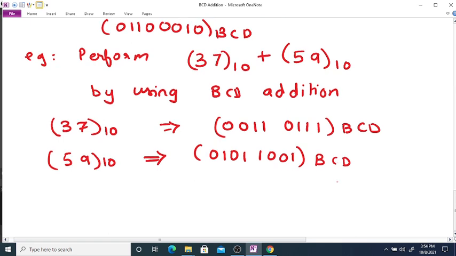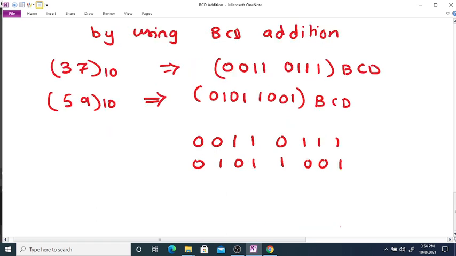Now we will perform BCD addition for these two numbers. We write down the given numbers as they are, 0011 0111 and 0101 1001. We will also write the decimal representation over here, 37 plus 59, which gives 96, so the correct answer should be 96 in decimal.